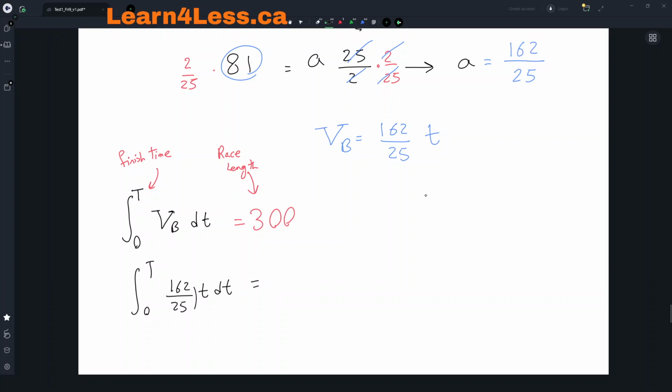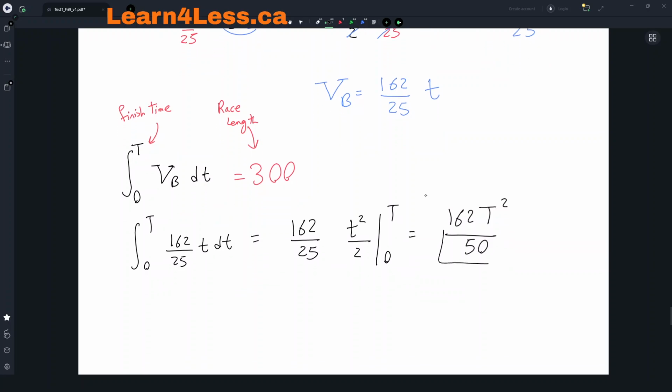Let's just take the integral. 162 over 25 stays there, and t would be just t squared over 2, and the bounds are 0 to t, so it would be 162 t squared over 25 times 2, which is 50, minus, when I plug in 0, which is just 0, so I don't need to write that part.